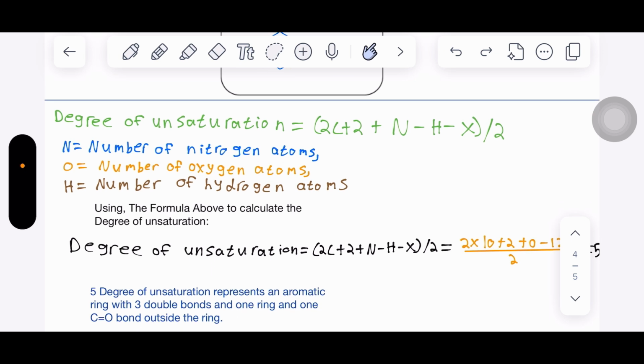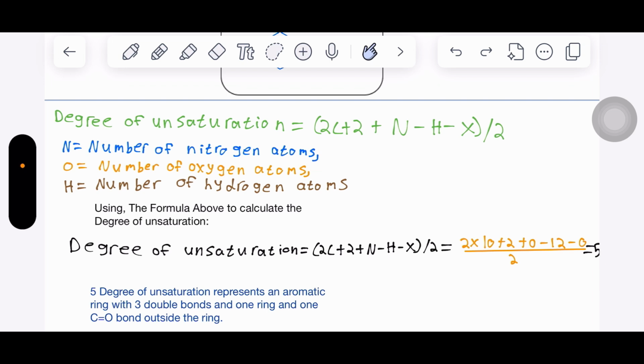Last but not least, I want to show you guys that the degree of unsaturation can be calculated using the formula, which I also pointed out here. The degree of unsaturation equals 2 times carbon plus 2 plus N, the number of nitrogen atoms, minus H, the number of hydrogen atoms, minus X, and X is going to be 0, all divided by 2.